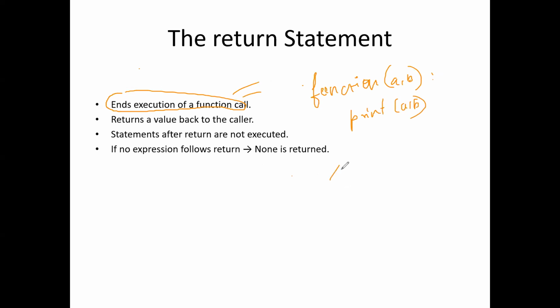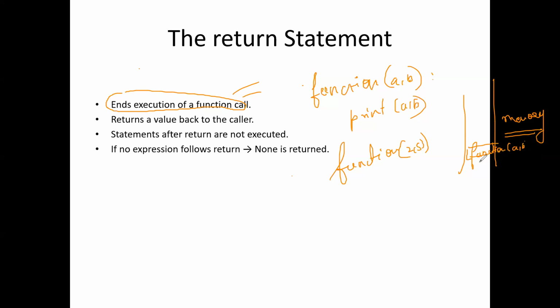When it comes to function calling, when you call a function, a stack is getting created in the memory. I'll explain this in detail. For now, let us understand what is actually happening when we call. When a function is getting called, a frame is going to get created in the stack, the function call frame.